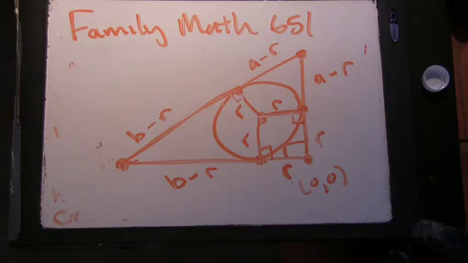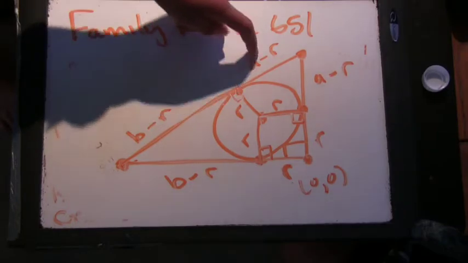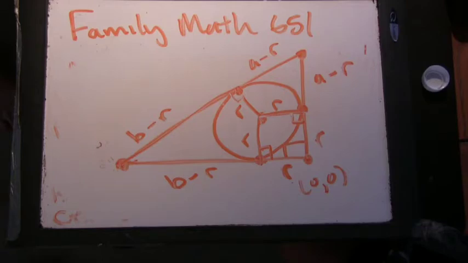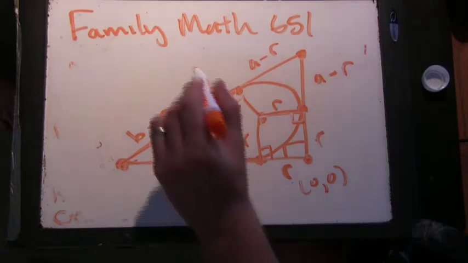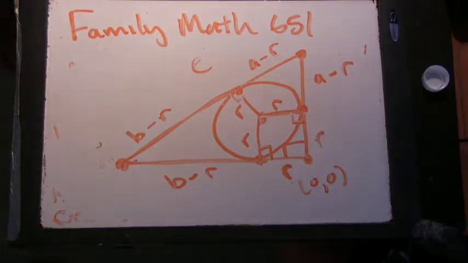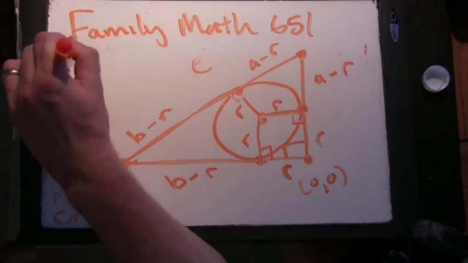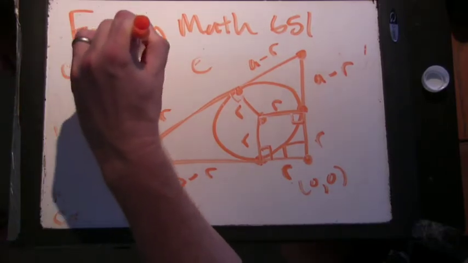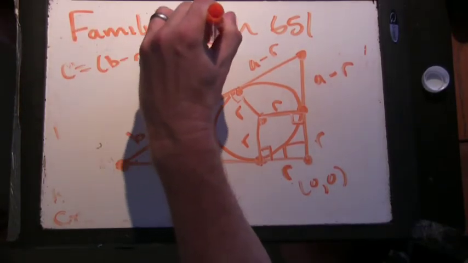Well, we know that a squared plus b squared equals b minus r plus a minus r, whole thing squared. Normally we would call this c. Yeah. So there's an even easier relation: b minus r plus a minus r is c. So c equals b minus r plus a minus r.